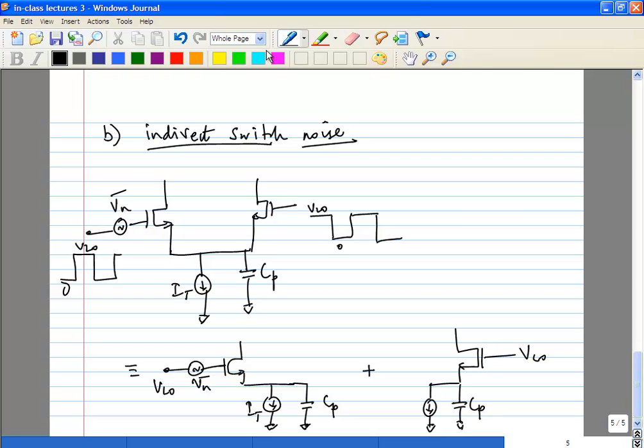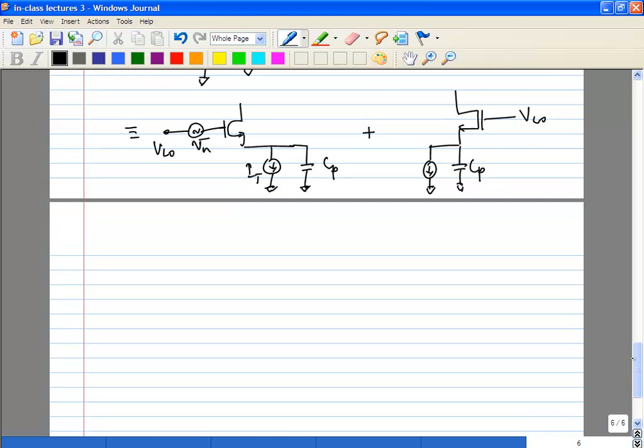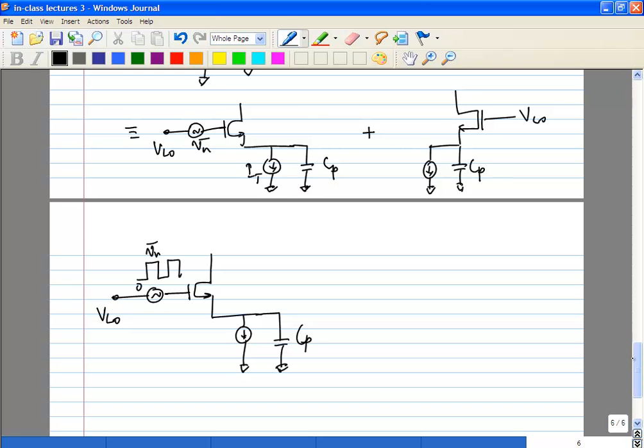Then we are going to redraw these two again slightly differently, so it goes between 0 and Vn between the two half cycles, and once you do this, the two things are equivalent.